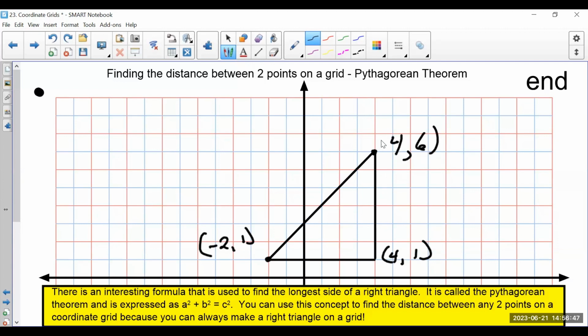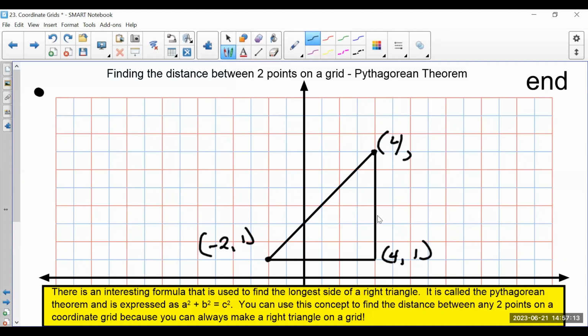So let's say all they gave you was this. How would you know the sides? Well, this side is the difference between the 6 and the 1. Oh, I counted wrong. Hang on. I made a mistake. So it's not at 4, 6. That just goes to show you gotta be careful.